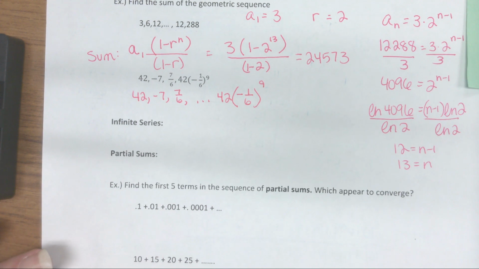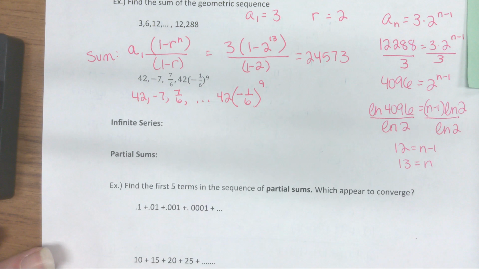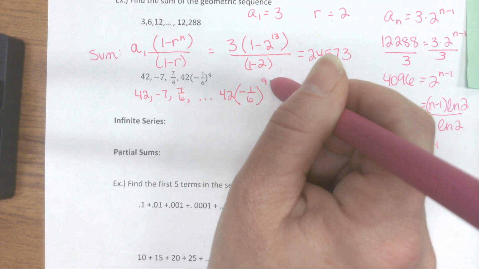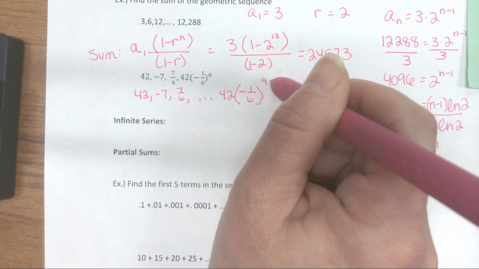I just literally gave you it in explicit form, so we can figure out without logarithms what the last term is or how many terms there are. But just be careful. Remember with the explicit formula, it's n minus 1. So if this is a 9, what term is this really? This is really, n minus 1 is 9 means add 1 to both sides. This is really the 10th term.